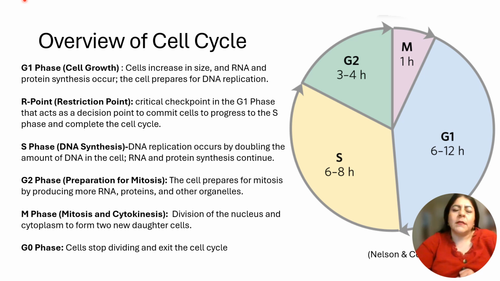And then finally, cytokinesis divides the cell into two distinct daughter cells. This entire cycle spans approximately 24 hours in cultured animal cells. So as you can see here, we have the G1 phase takes about 6 to 12 hours. The S phase runs about 6 to 8 hours. And then G2, 3 to 4, and mitosis for 1 hour.